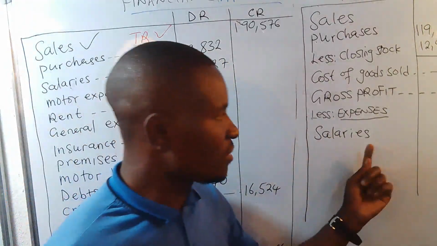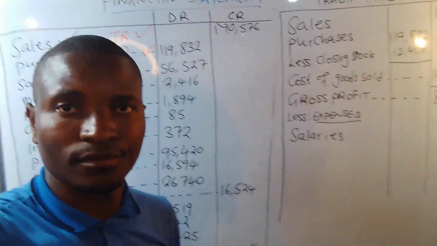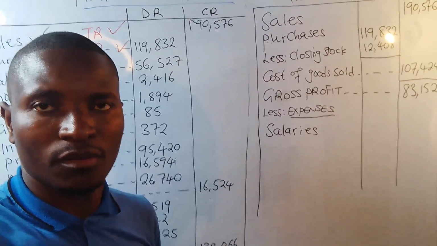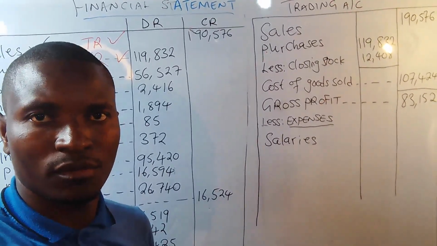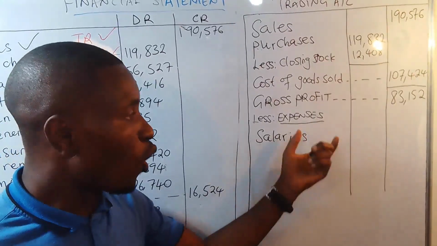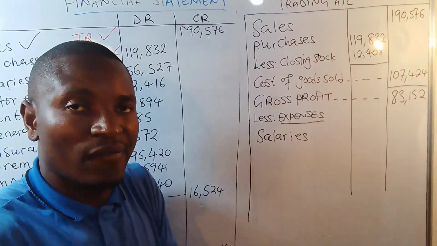So now when you're writing the salaries, we always put them at the middle column. Okay. So all the expenses should be put at the middle column so that we can have the total there. Okay.